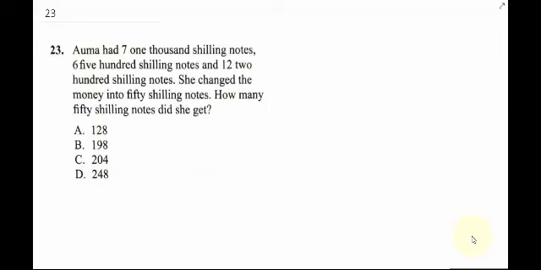Okay, question 23 says Omar has 7 1,000 shilling notes, 6 500 shilling notes, and 12 200 shilling notes. She changed the money into 50 shilling notes. How many 50 shilling notes did she get? Now, in order to solve this question, the question says she has 7 1,000 shilling notes, and that will give us 7,000.